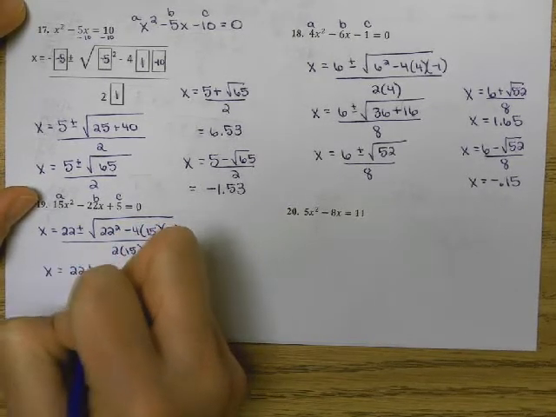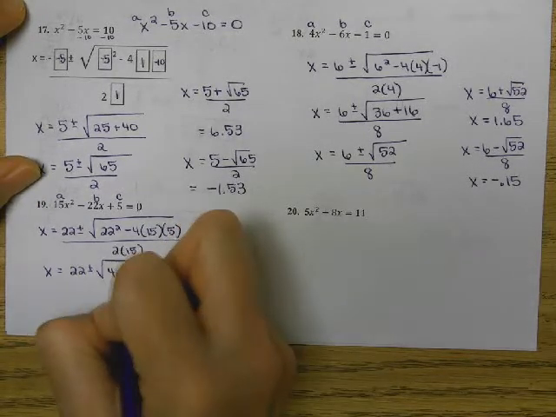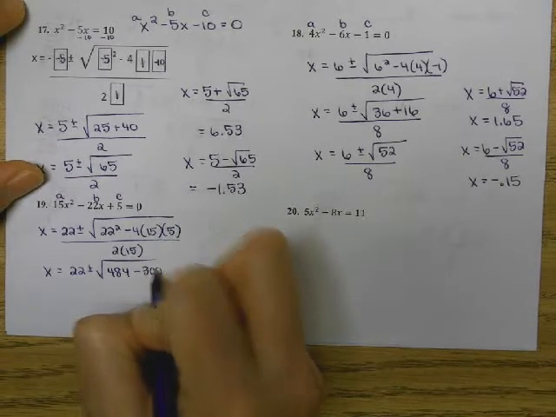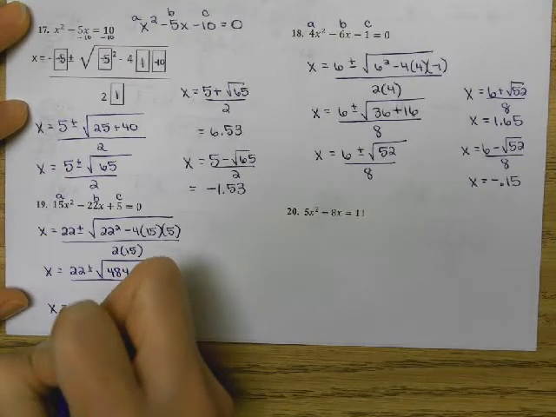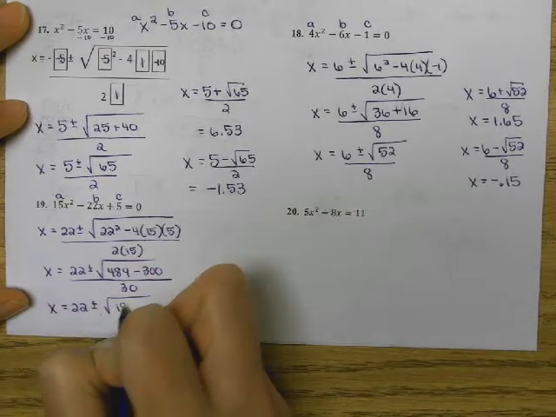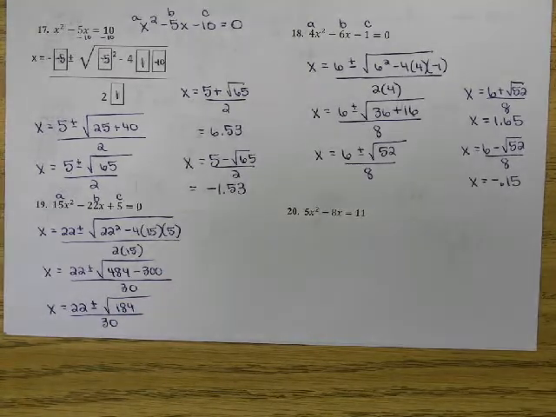So 22 plus or minus the square root of, so 22 squared is 484. Minus 4 times 15 times 5 gives me 300. All of that divided by 30. So x equals 22 plus or minus the square root of 184 divided by 30.